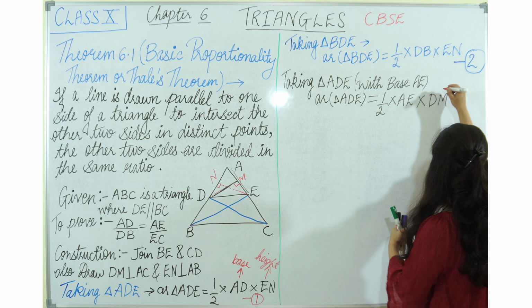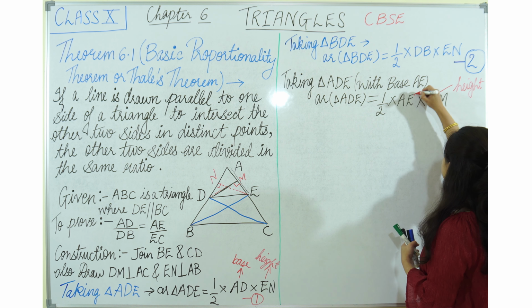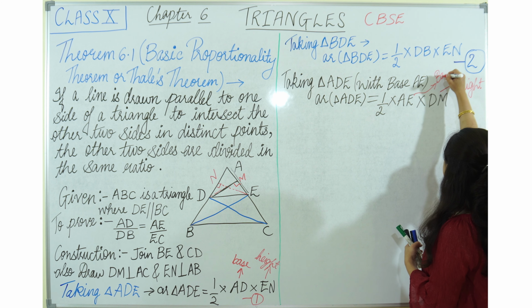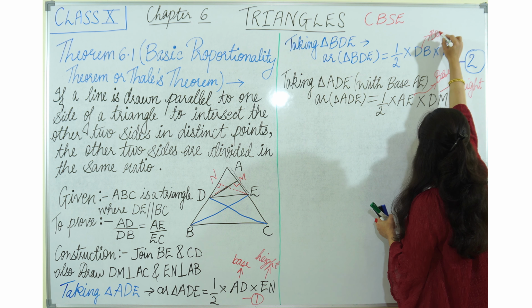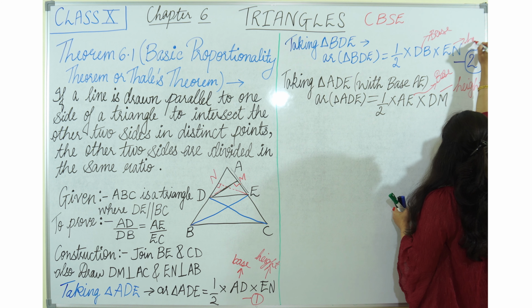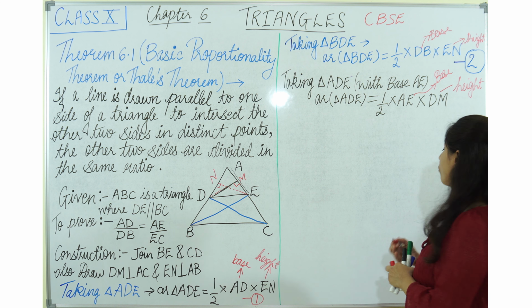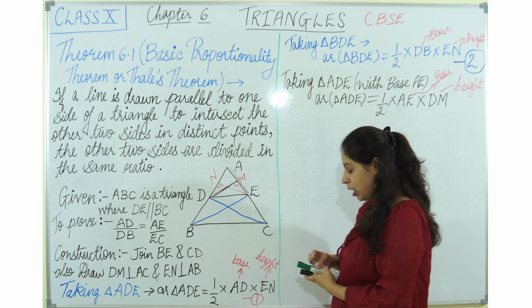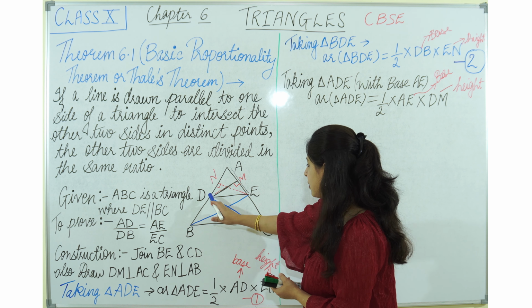So I am writing over here, this is the height and this is the base. Similarly over here also DB was the base and EN was the height. Okay. So the another triangle which is left for the derivation is DEC.